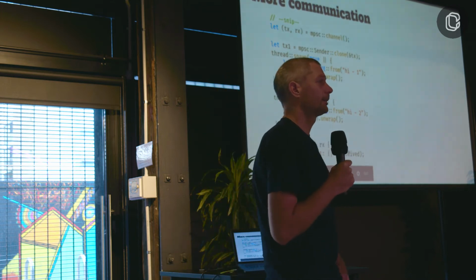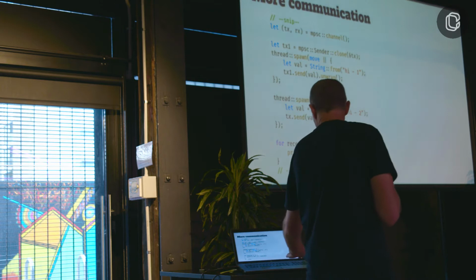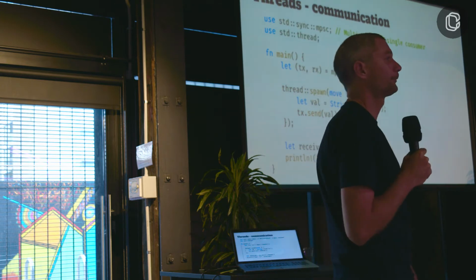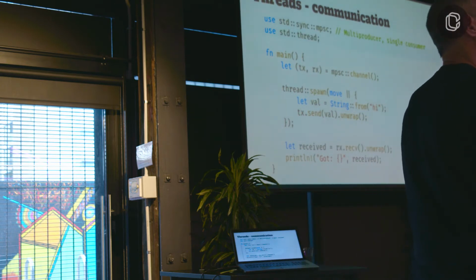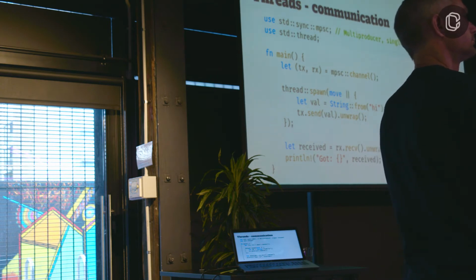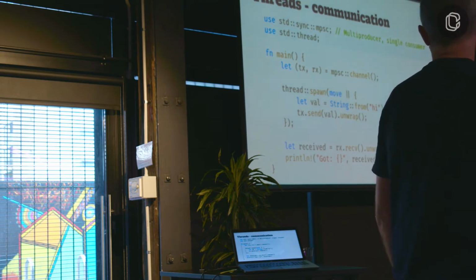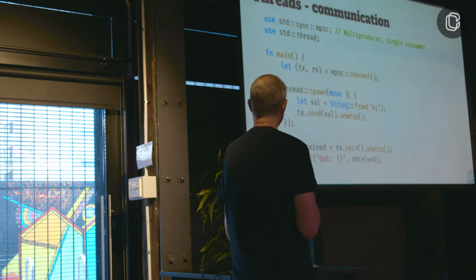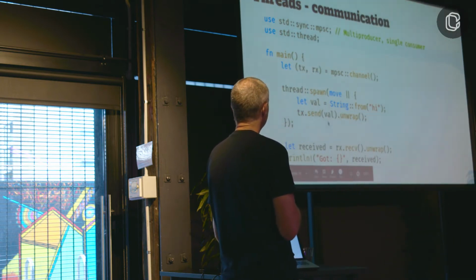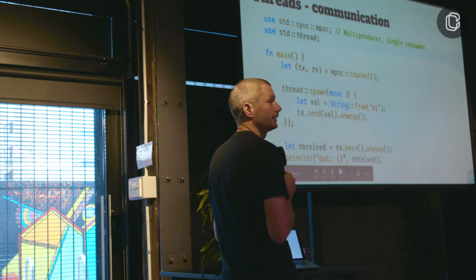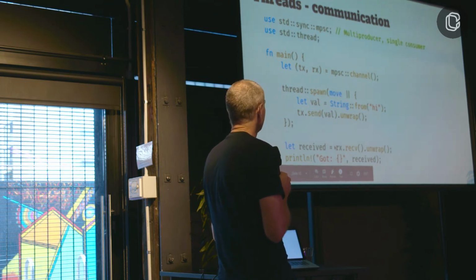I have a question regarding the previous one. You were asking if it's being borrowed or if it's just a read. After it gets off the thread, when you do let receive, is it able to mutate it?